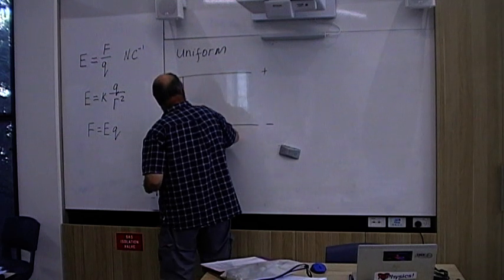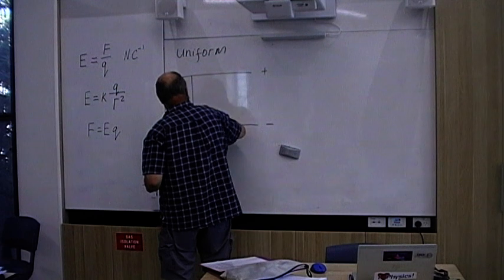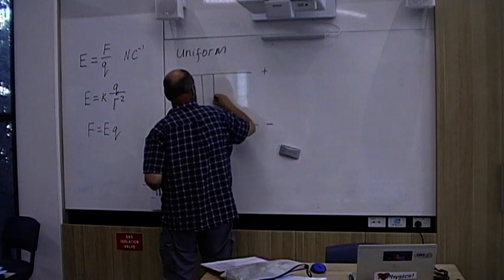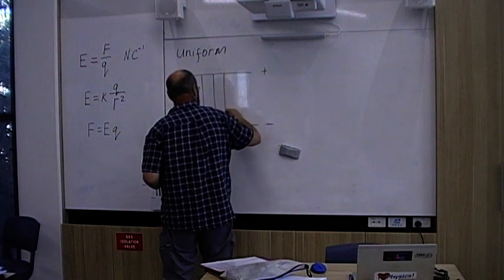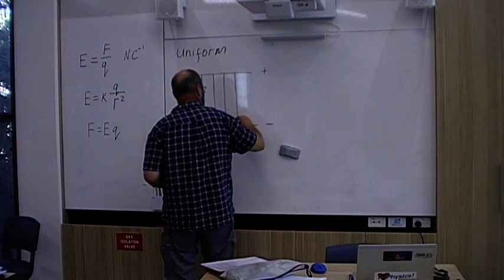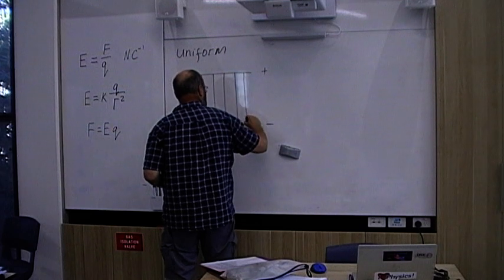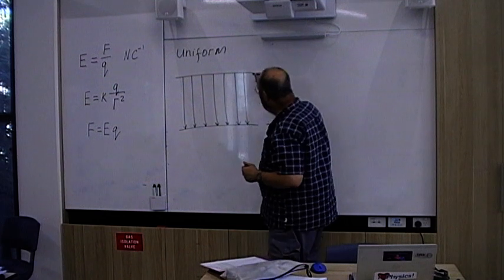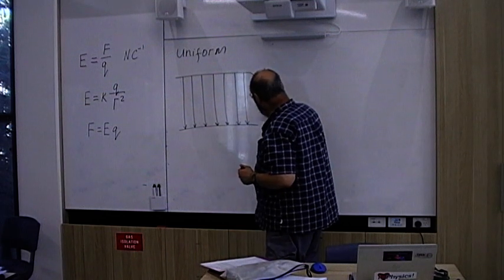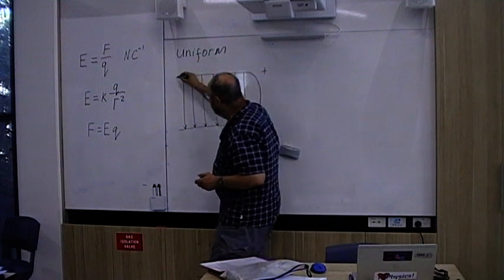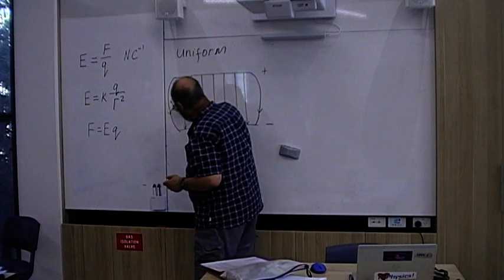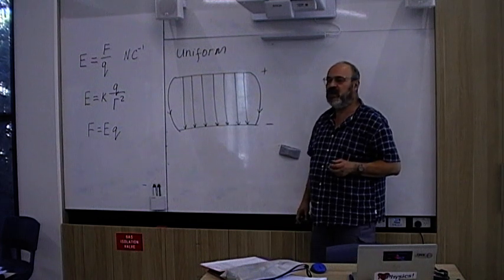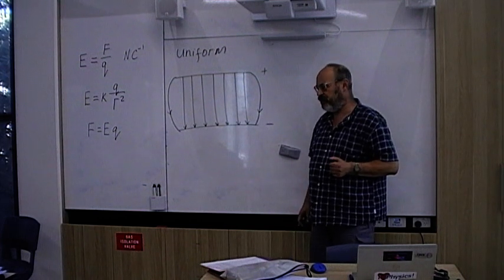So you draw the lines at least approximately the same distance apart. If the plates are finite, at the sides it starts becoming non-uniform. But in between the plates, the electric field will be uniform. It's the same in every point of space.